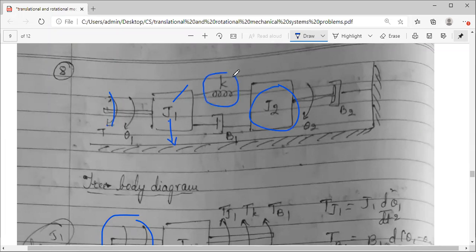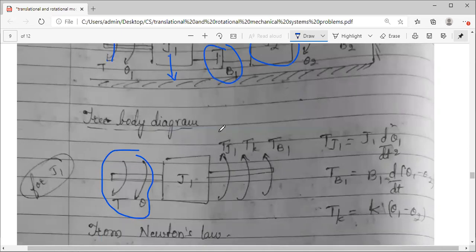Then there is a spring, so TK. There is a damper TB1. So three different opposing torques. So three torques I have shown, and if this is the direction of the applied torque, the opposite direction will be the opposing torques. Okay, this is the free body diagram.